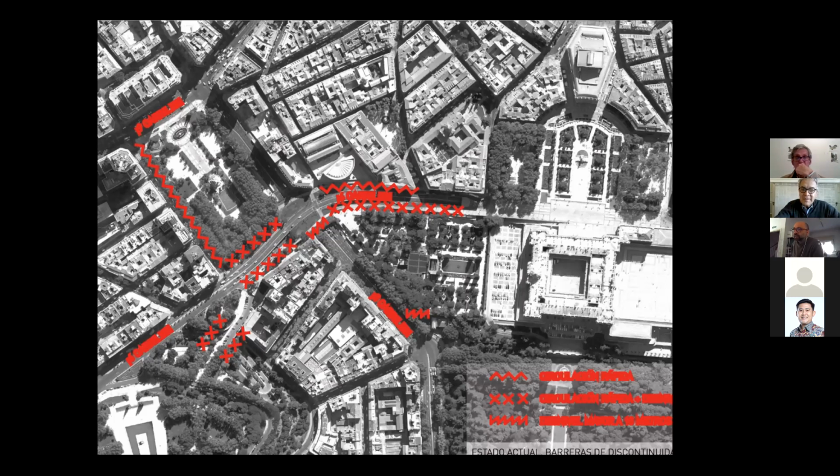Okay, so this is a drawing explaining the discontinuities we had to deal with when we started the project. We have barriers on the way that didn't let us have continuity.